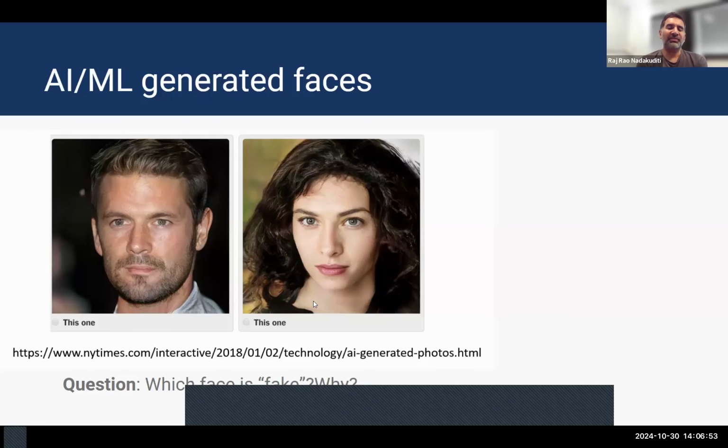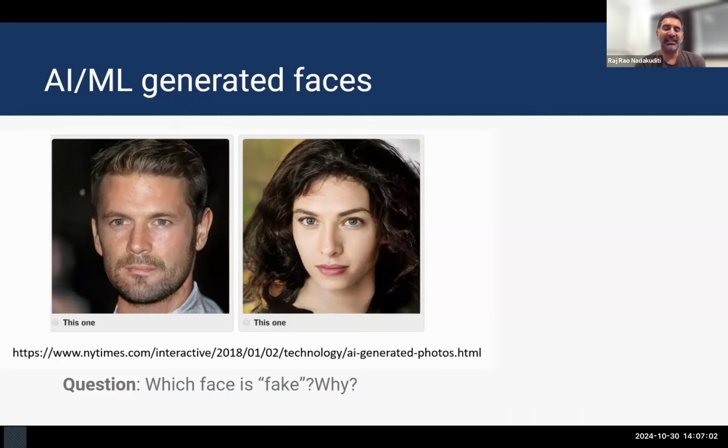Just to connect it to some of the stuff that's been in the news, you might have seen images like this, which are deep fakes. This is a very early New York Times article from 2018 that gave a quiz as part of the write-up where they said there's this guy on the left and a guy on the right, and we had to guess which one of these faces is fake and why.